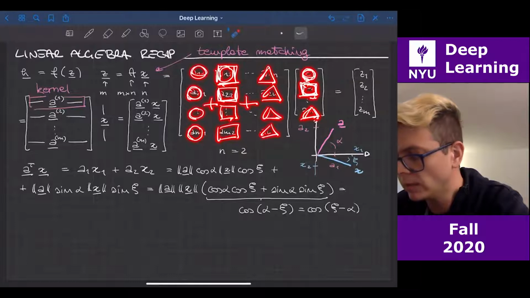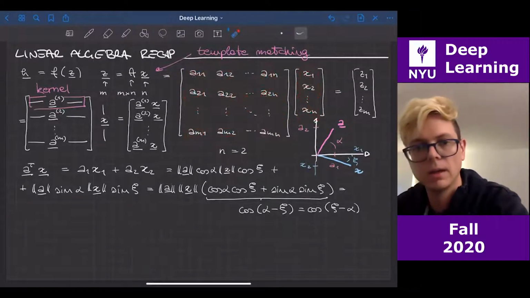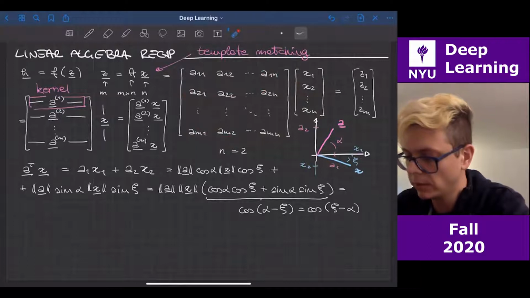And so you can express this matrix-vector multiplication in a different way.